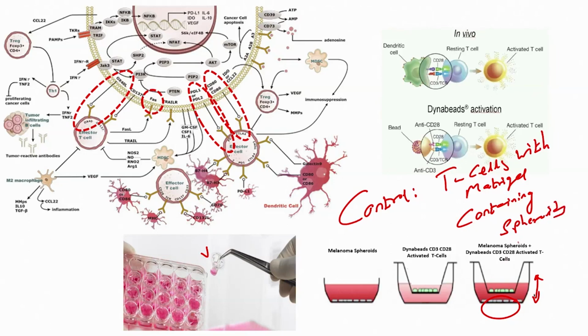The spheroids are melanoma spheroids. This is our control. There is no treatment. After 24 to 48 hours, we will see the CD4 CD8 ratio using flow cytometry analysis.